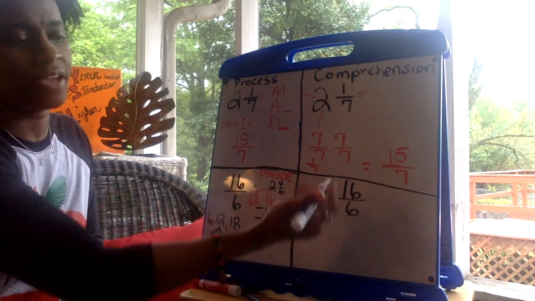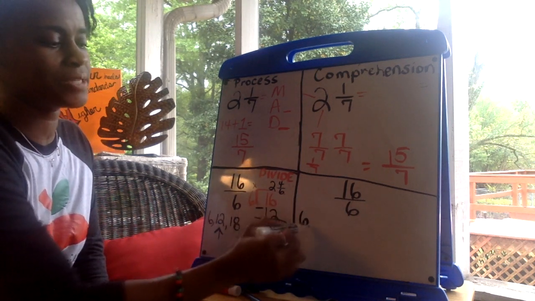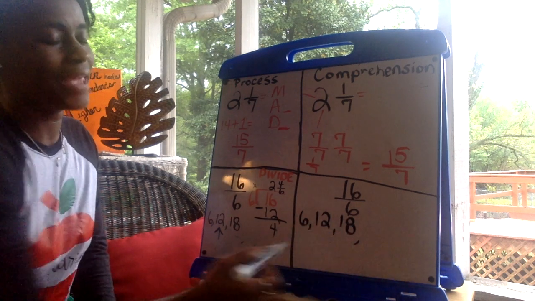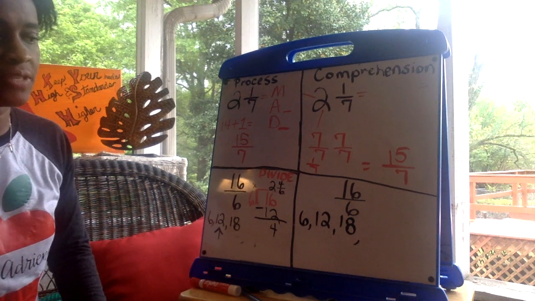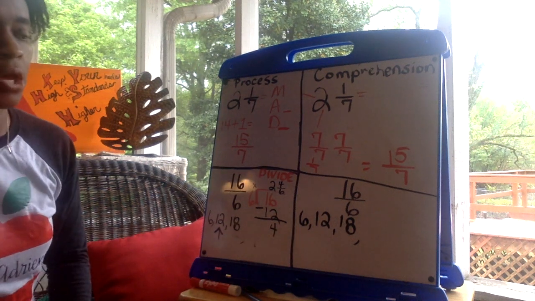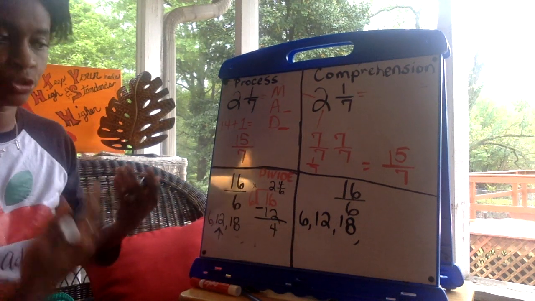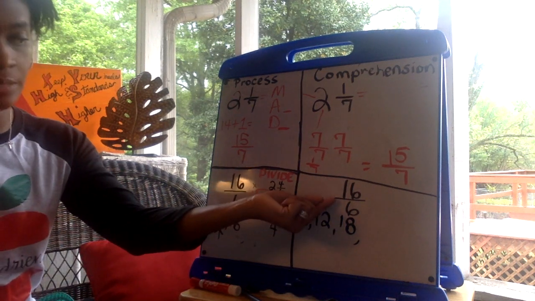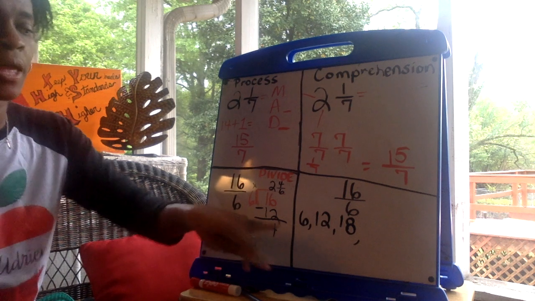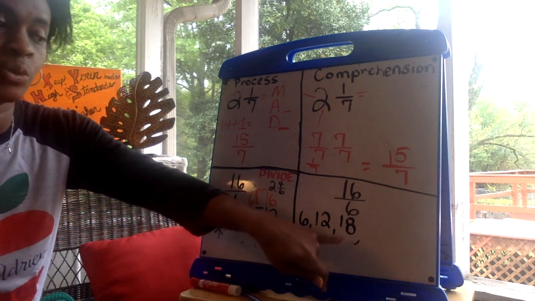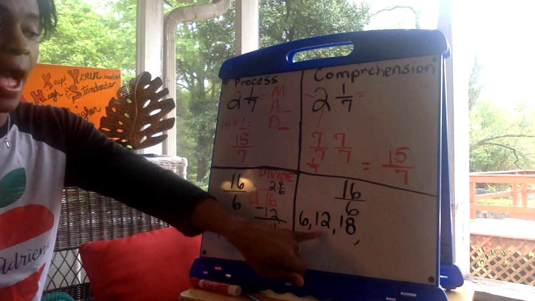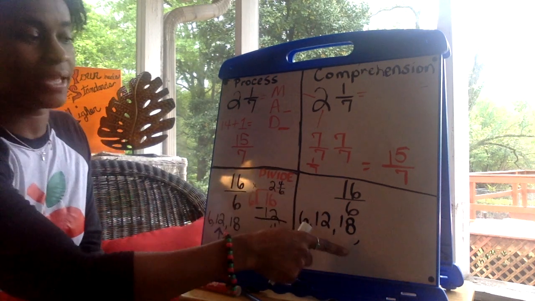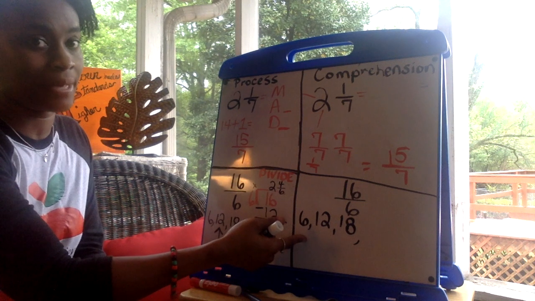Now, with the comprehension way, I've shown you over here the procedural way, but looking more in depth, if I were going to count by my 6s, 6, 12, 18, and I could continue and extend this pattern, but for the sake of trying to get you to just understand the comprehension side of converting this improper fraction to a mixed number, if I'm counting by my multiples of 6, I cannot land on 16 by counting by 6.